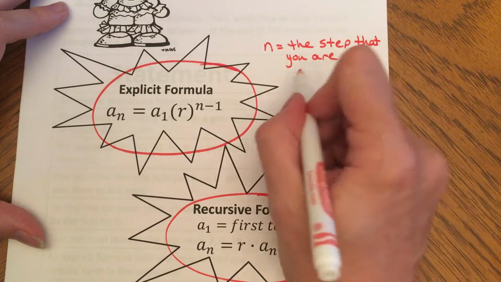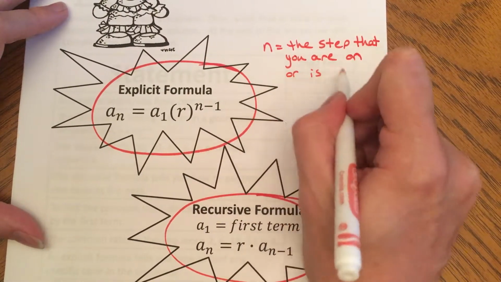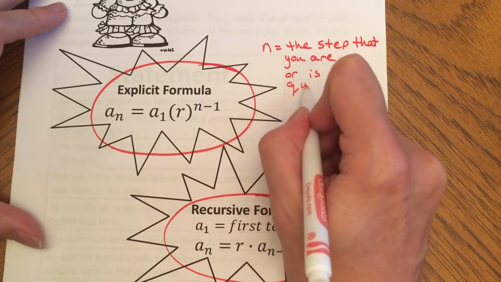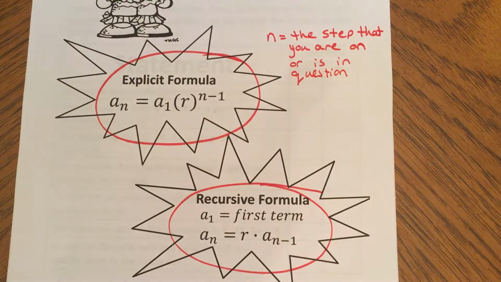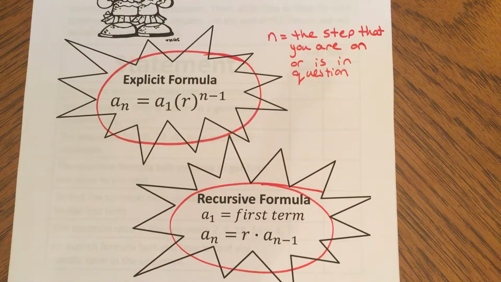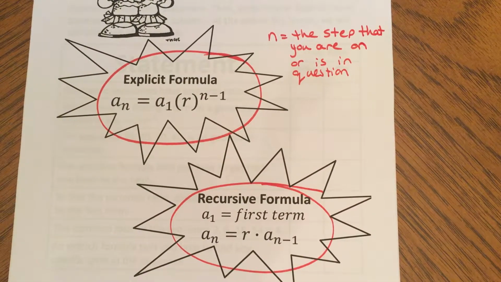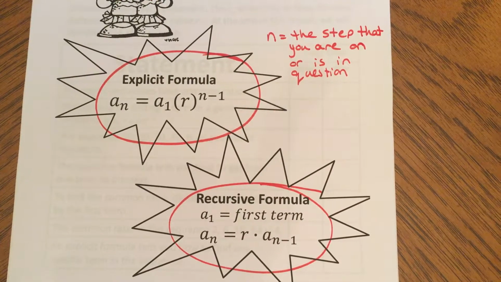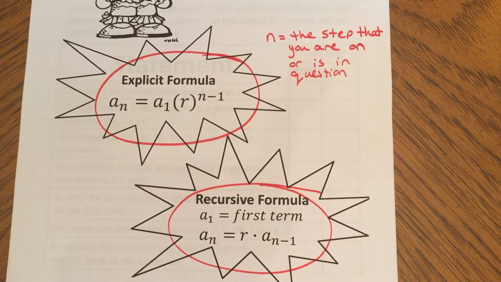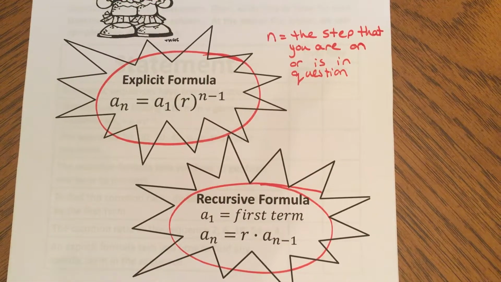Sometimes you're going to be asked in a problem, this is the pattern of behavior. Great. What would the result be the 47th time that we do this pattern of behavior?